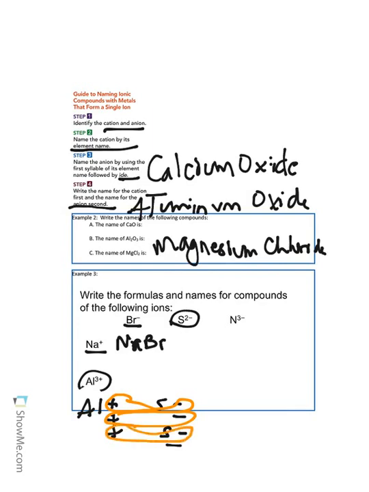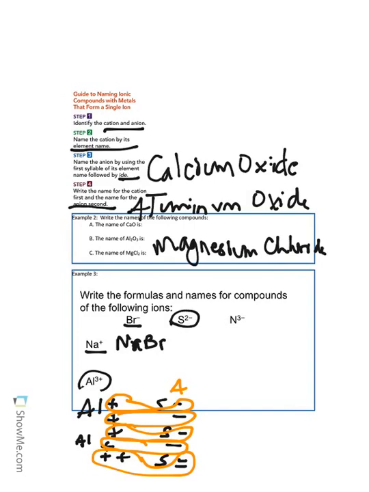Positive and negative cancel. Now we have a negative left over. Well, now we have to add another aluminum. That and that cancel. Now we have 2 positives left over. Let's add another sulfur with its 2 negatives. Now everybody cancels.